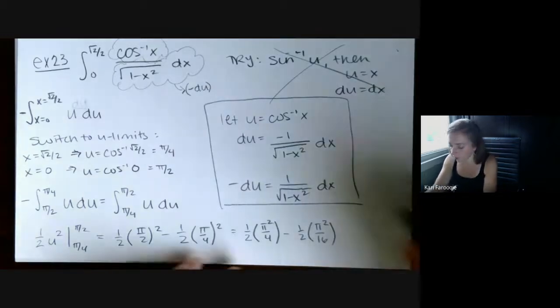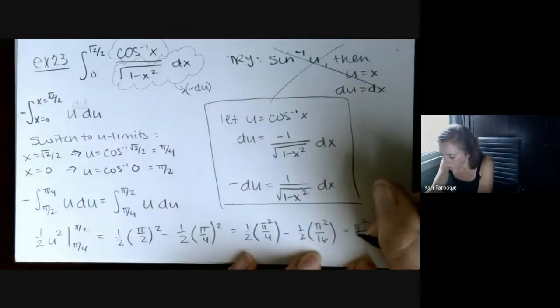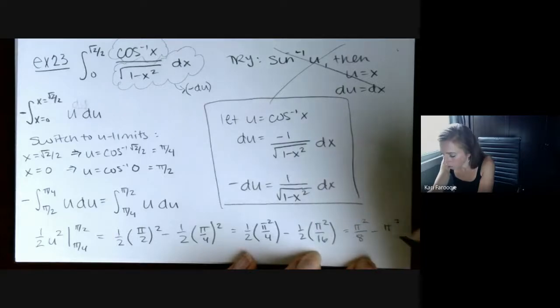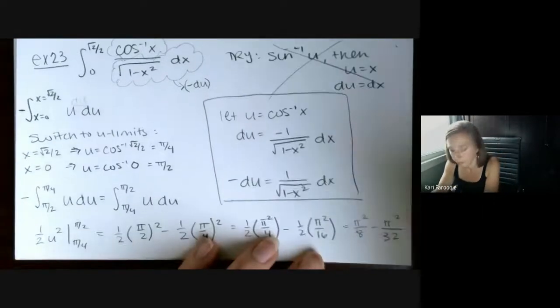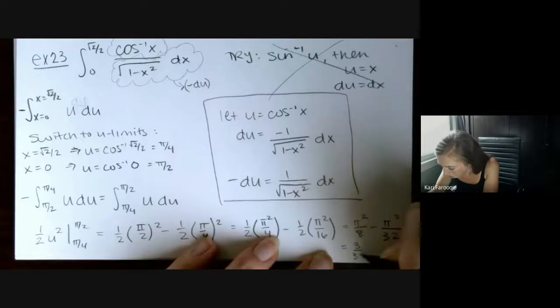And you can simplify this. It's pi squared over 8 minus pi squared over 32. Let's see. Here's my calculator. 1 over 8 minus 1 over 32 is 3 over 32. Pi squared.